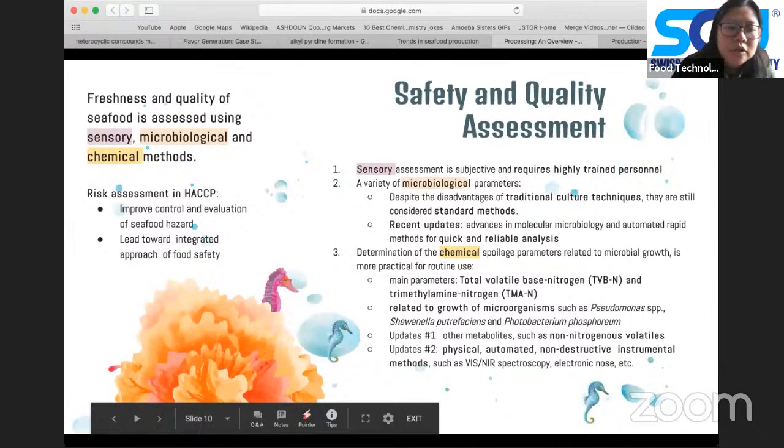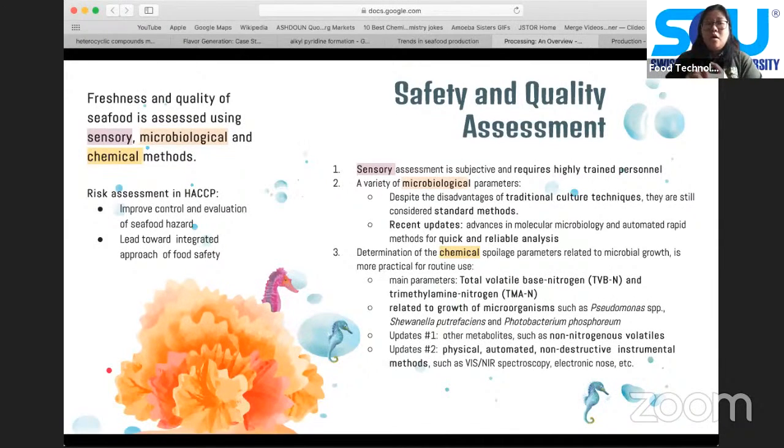Now, an important aspect in processing is safety and quality. Freshness and quality of seafood is usually assessed using sensory, microbiological, or chemical methods.